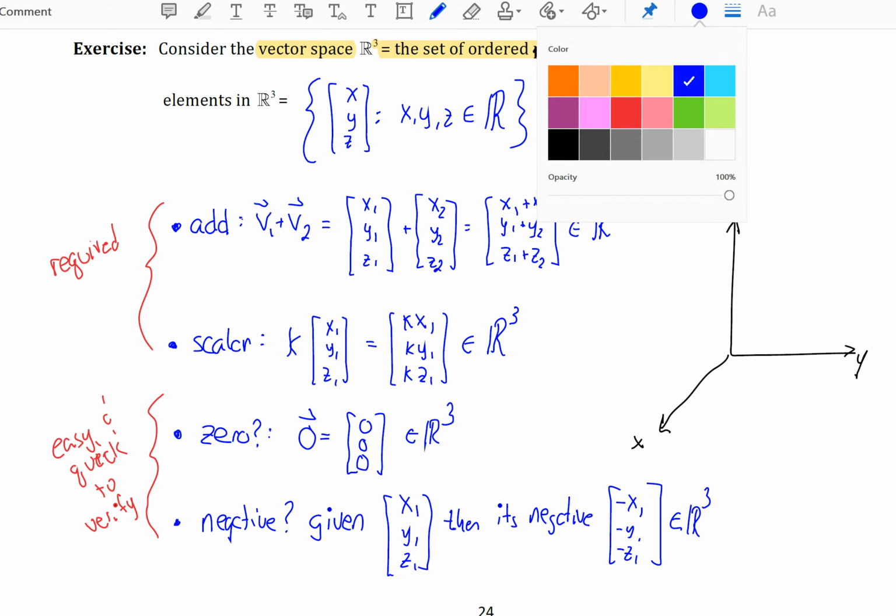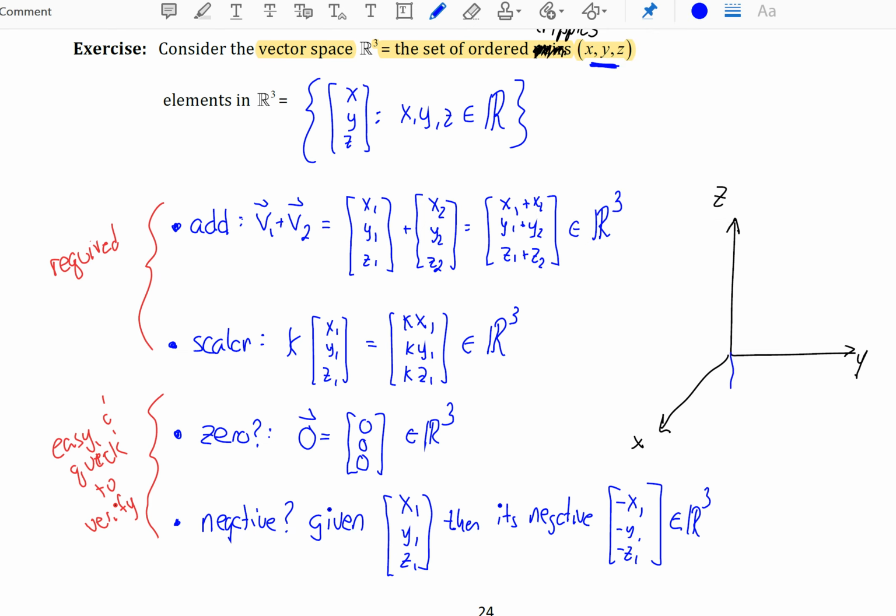And you'd like to be able to visualize that if you took any vectors in 3 space, you'd be able to add these together and stay in 3 space. You're not going to jump to a 4th dimension.